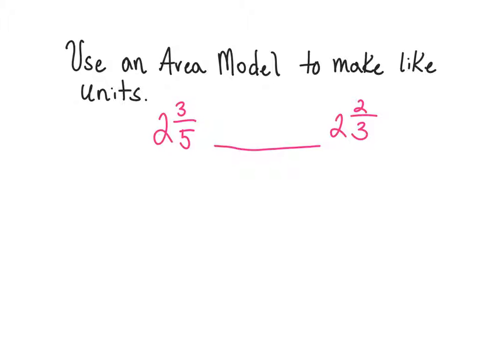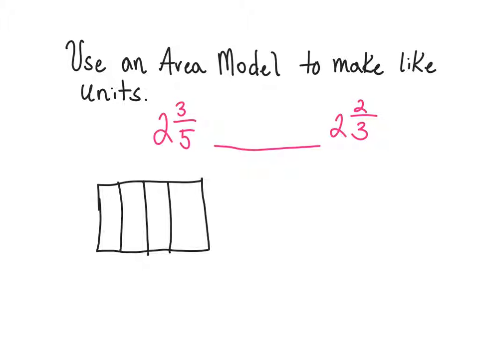And I'm going to show 3/5, so let's make an area model. And we're going to break this up into fifths. And we're going to shade in 3, because it's 3/5. And then I'm going to create another one to represent 2/3.